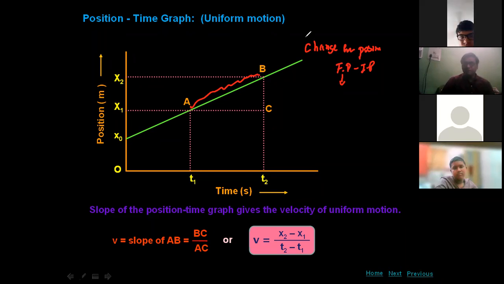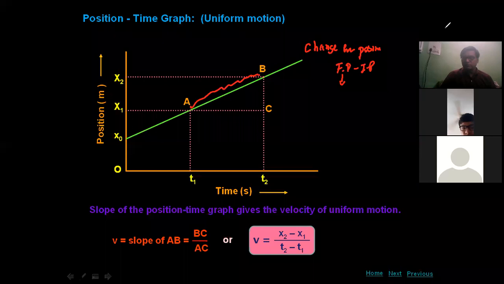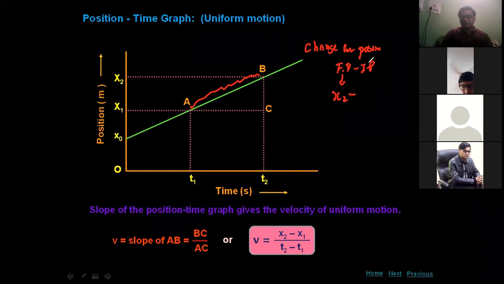Is it clear? Now who will tell me what is the final position again? Anyone? Yes, Ronak, you tell me. Sir, x2. Yes, x2 is the final position. Minus what is the initial position then?